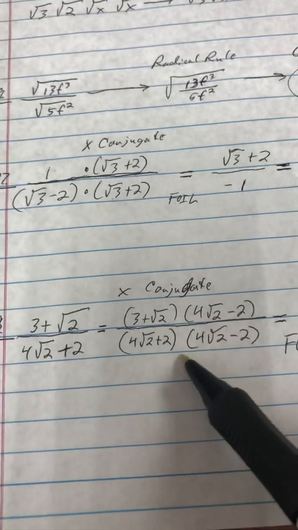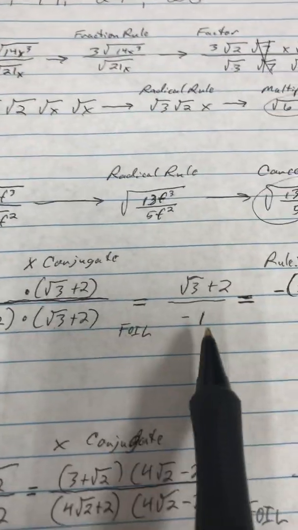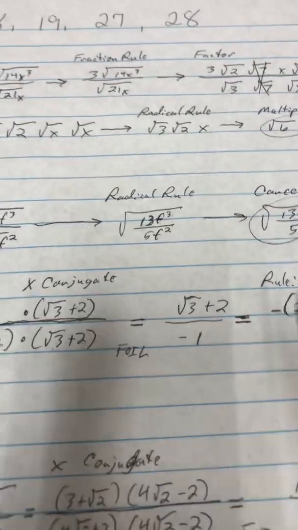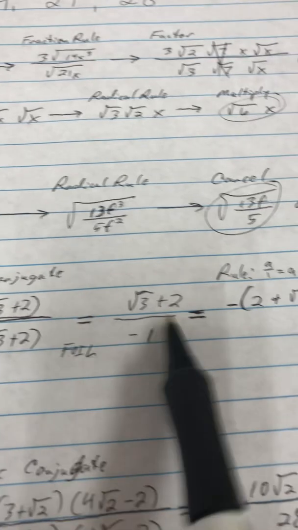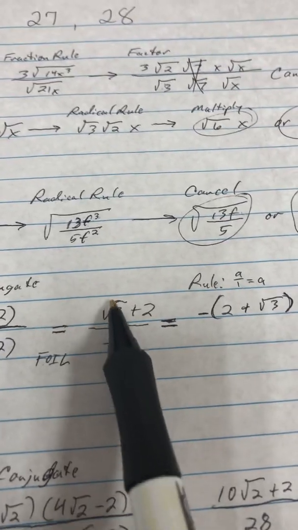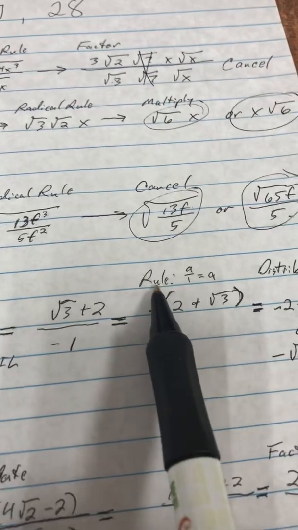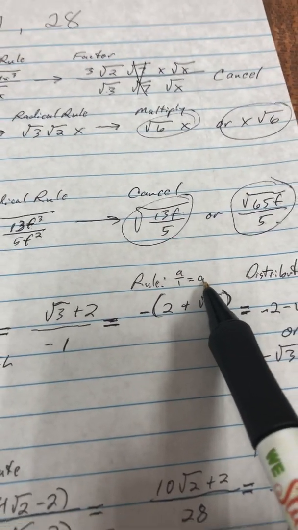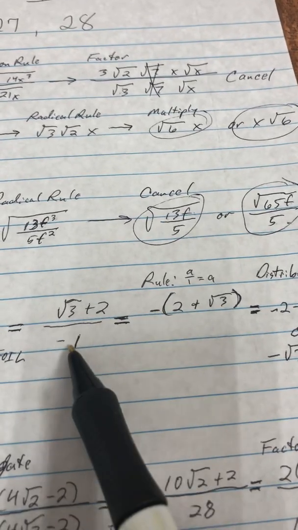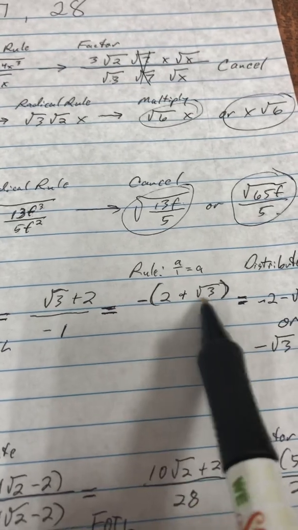28 gets a lot more complicated. I'm not going to explain every single one, but you're using the FOIL for that one because every single step takes forever. And then this is just 1 times that, so it is just the square root of 3 plus 2. The rule, you know, any number over 1 is itself, so because it's negative, it's going to be a negative itself. I don't know why I move these around.